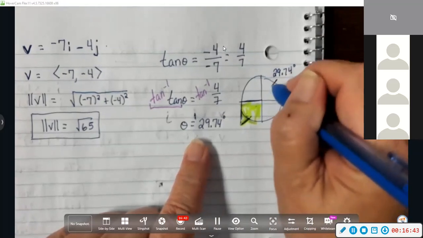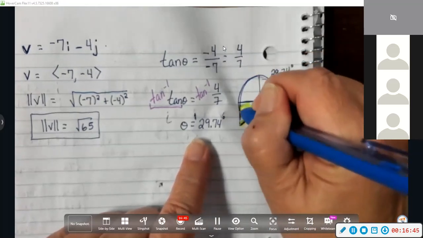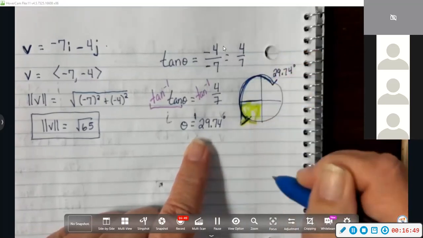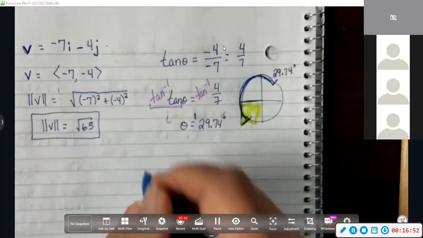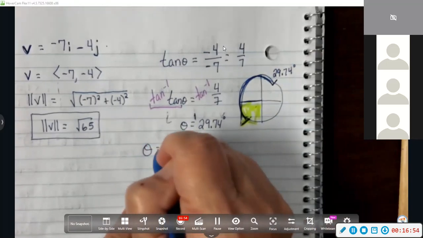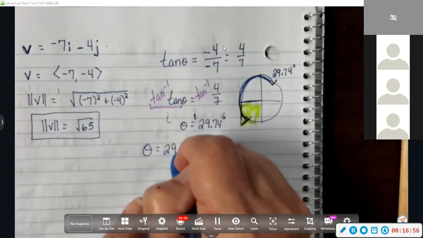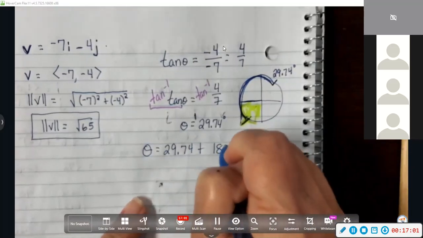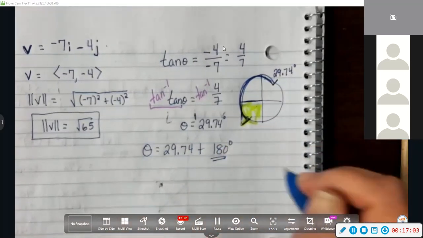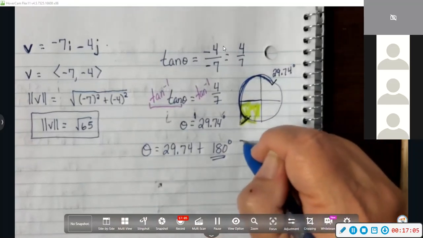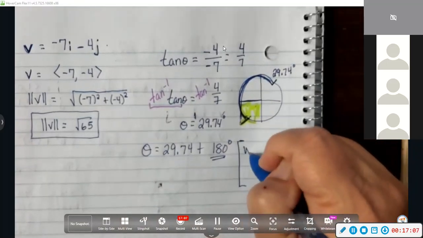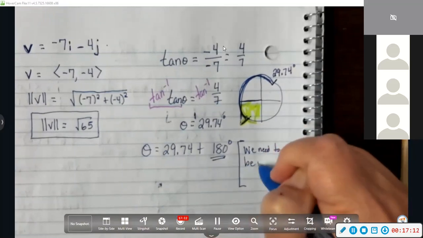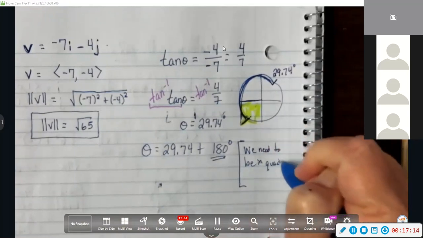But do you agree that the correct angle that I want is 180 degrees away from this reference angle? So my theta is going to be 29.74 plus 180 degrees. We need to be in quadrant 3.